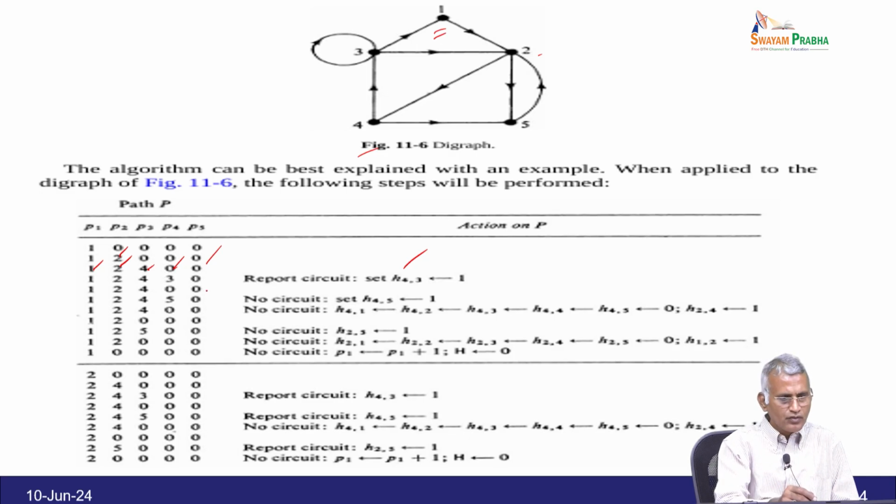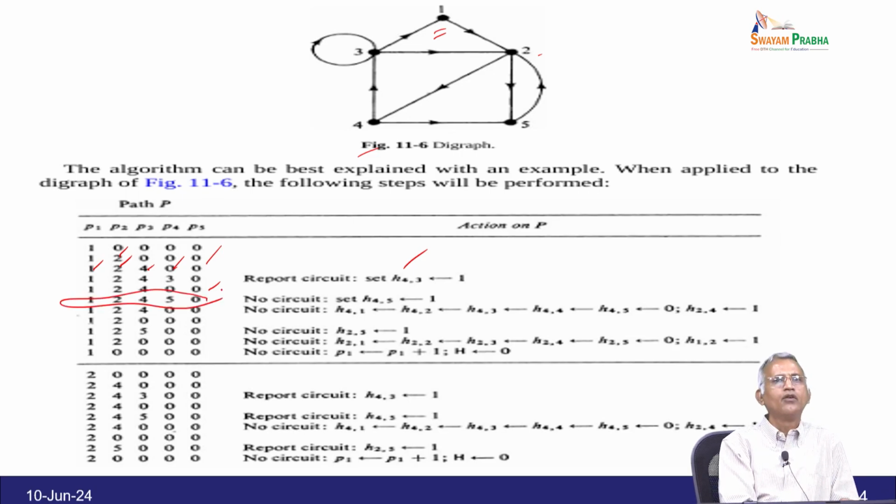So, this way you have to go to the next round. Similarly, you have to go to the others: how many 2s, how many 3s, how many 4s, like that. How many paths: P1 means 1 path, P2 means 2 paths, P3 means 3 paths, 4 paths, 5 paths. So, let us go with this direction of ideas.